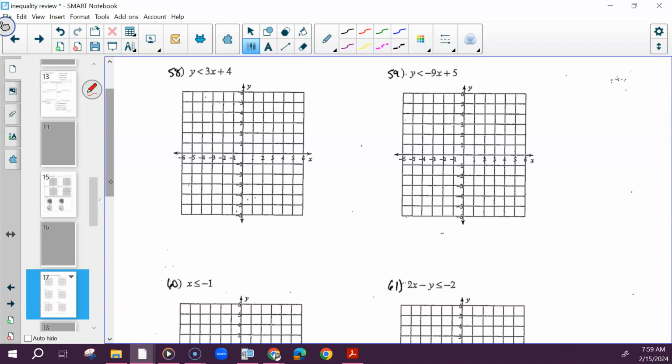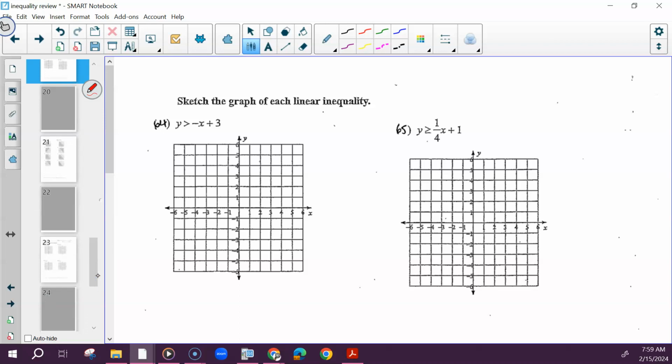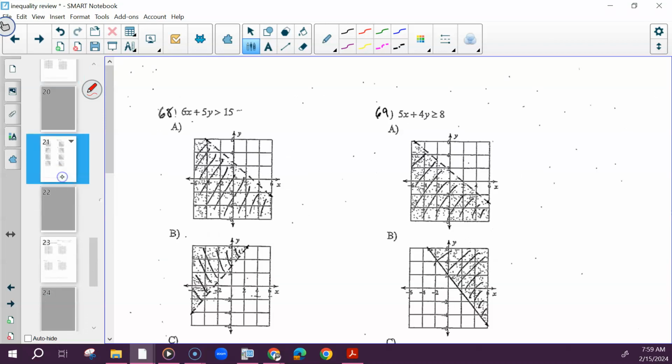Did you have 11? I can go over either of those.